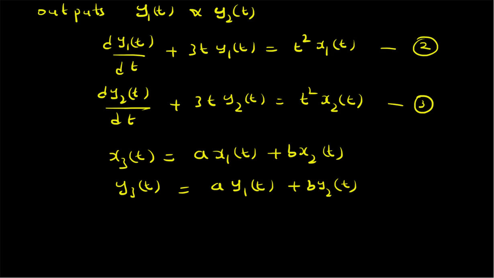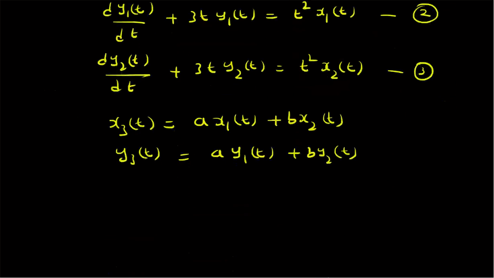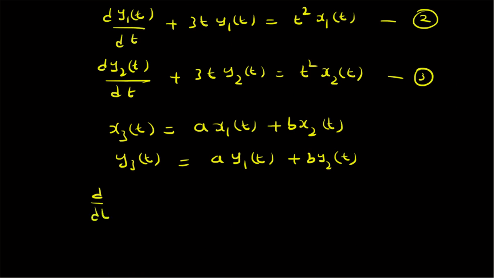Now if we substitute x3 of t and y3 of t in the definition, that is in equation 1, if x3 is the input and y3 is the output, then we have the derivative of y3 of t plus 3t times y3 of t should be equal to t square times x3 of t.